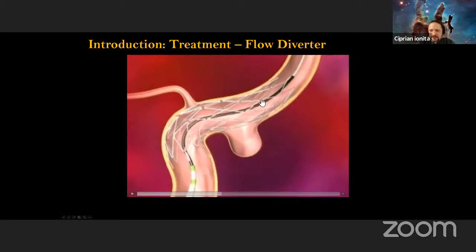They oversize. In other words, they take a stent that is slightly larger than the vessel, and it's safer for them to deploy without worrying about the device buckling into the aneurysm neck.